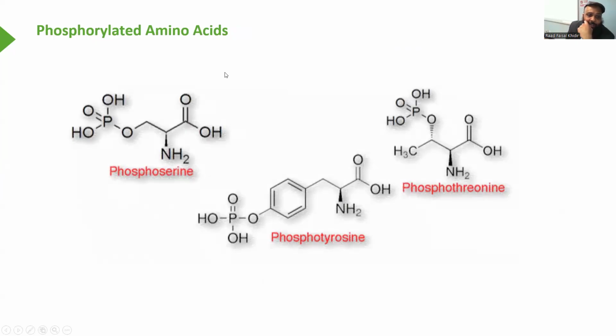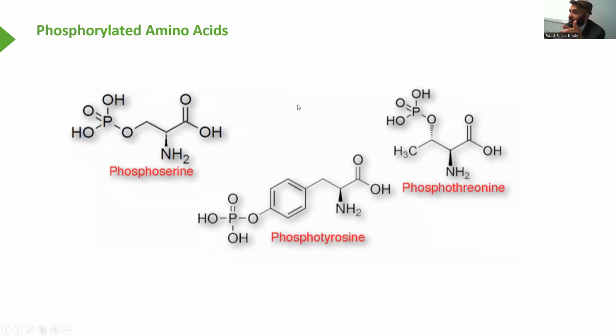Sometimes there are phosphorylated amino acids that you add phosphate to, like phosphoserine, phosphothreonine, phosphotyrosine. Tyrosine is the actual amino acid. Phospho is the modification, an auxiliary, supplementary part we need.